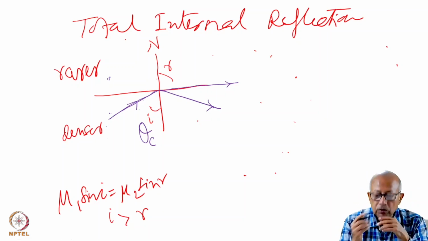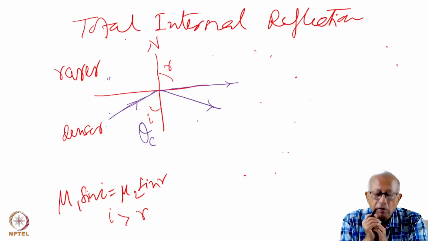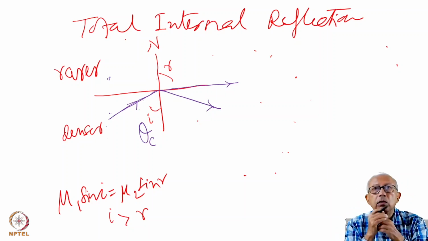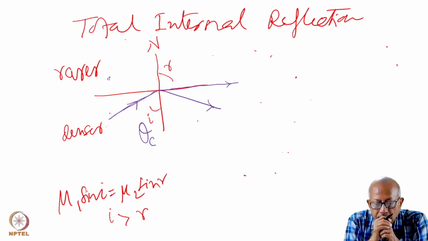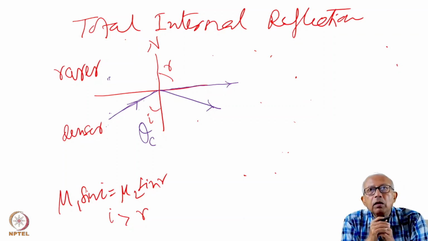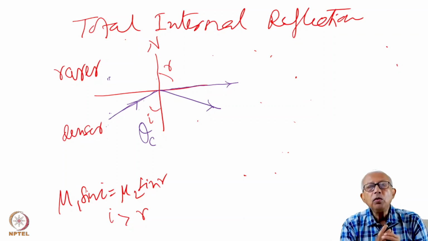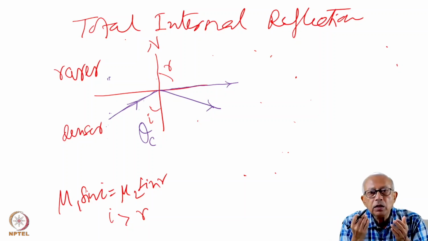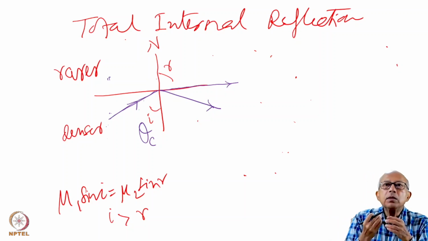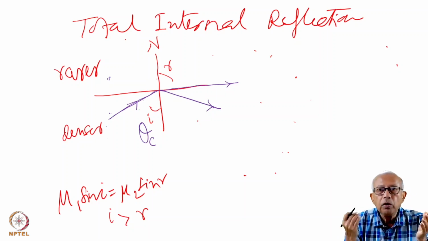This phenomenon is called total internal reflection of light. I also told you that this total internal reflection property can be exploited to send light through optical fiber without any loss of energy, without any spillage of energy through refraction.